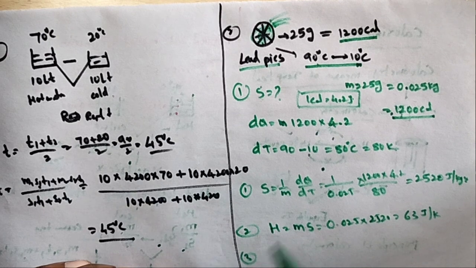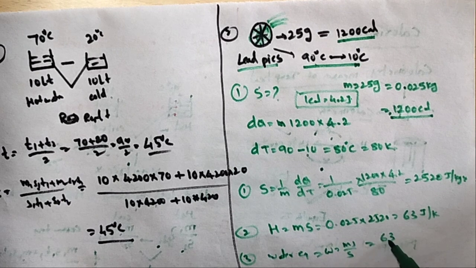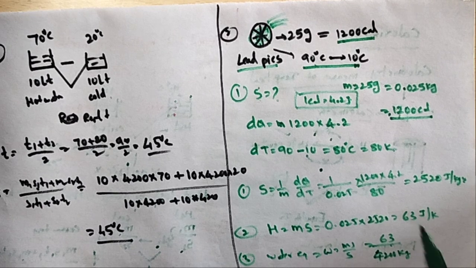And the third one, water equivalent. How to calculate? W is equal to mS by S of water. So that is 63 by 4200 kg, dividing by the specific heat of water.